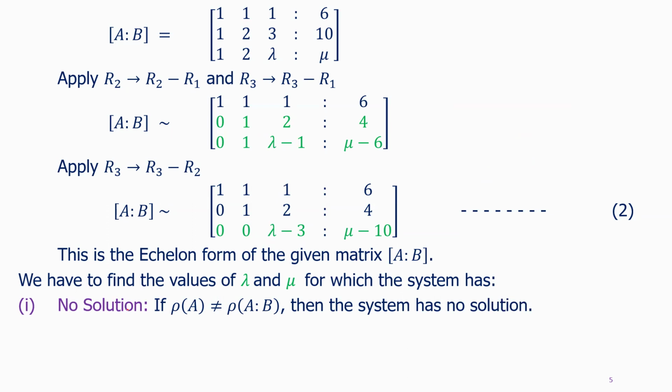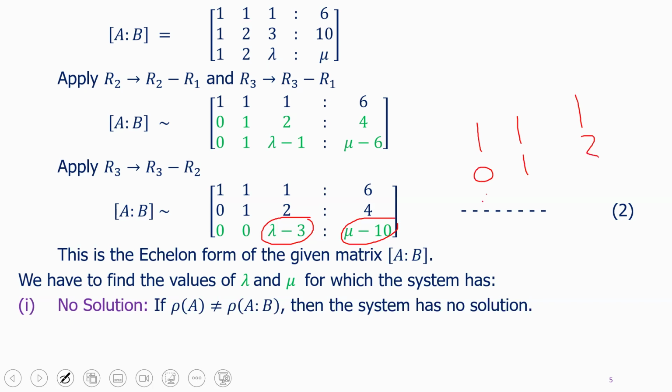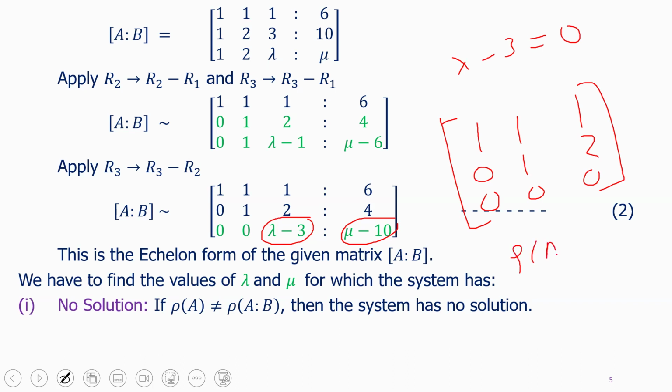Clearly, this happens if lambda minus 3 is 0 and mu minus 10 is not equal to 0. If lambda minus 3 is 0, then the coefficient matrix will be 1, 1, 1, 0, 1, 2, and 0, 0, 0. At this condition, what is the rank of A? The rank of A will be 2 because there are only two non-zero rows.